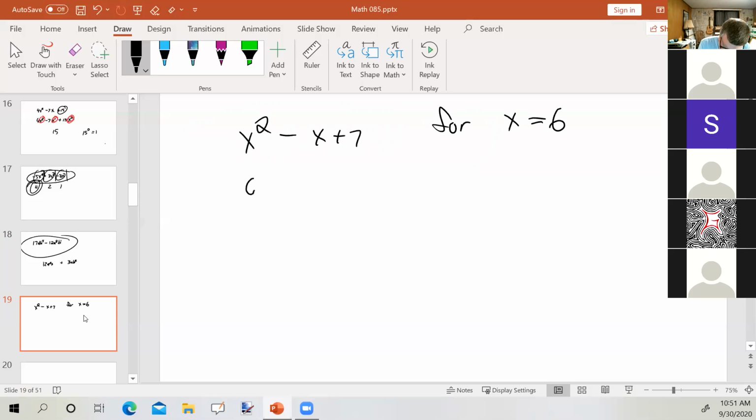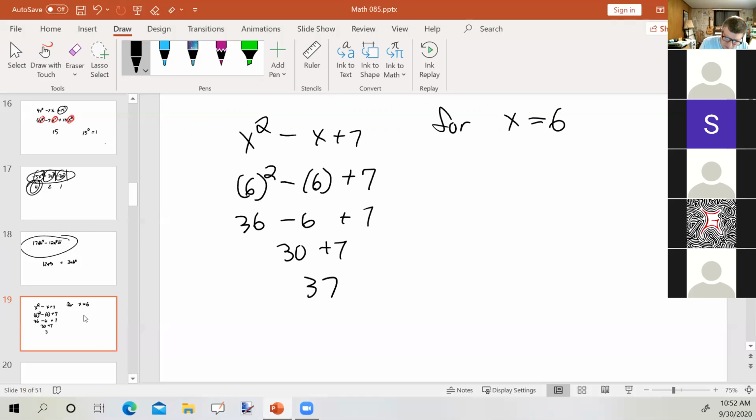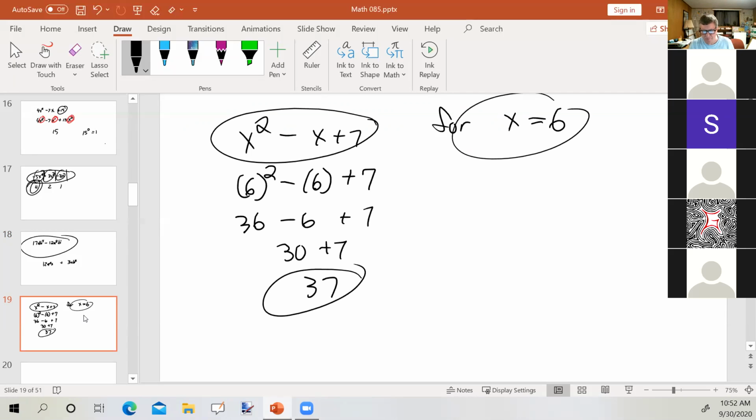So we're going to get 6, the quantity squared, minus 6 plus 7. Then I've got 36 minus 6 plus 7, 30 plus 7. So the value of this expression for x equals 6 is 37. Okay?